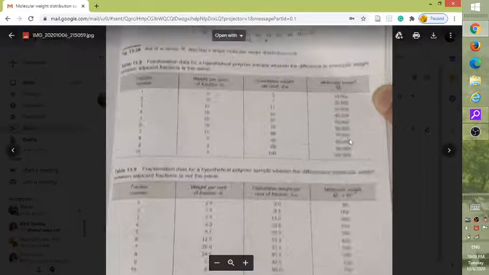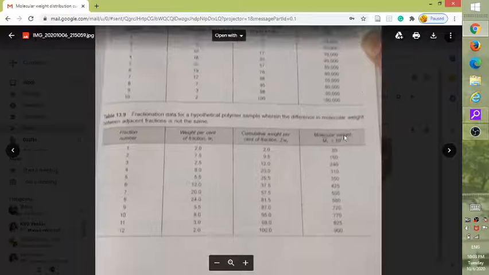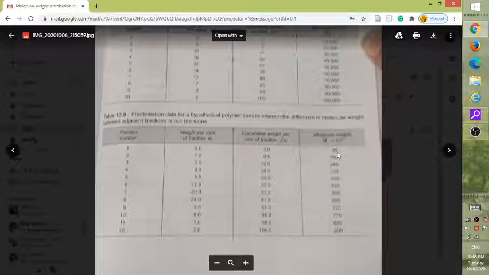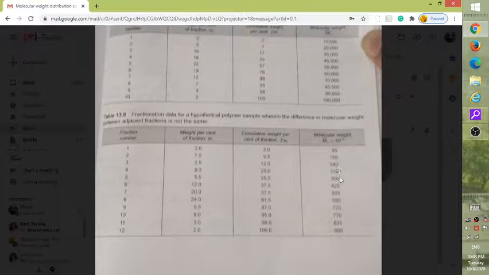This you got because this was the ideal hypothetical condition. Now let us take a real example where the difference in the molecular weight between two adjacent fractions is not the same: 80, 150, 240, like that.